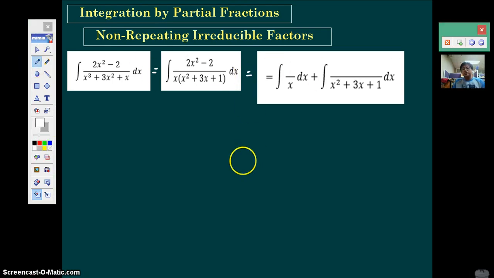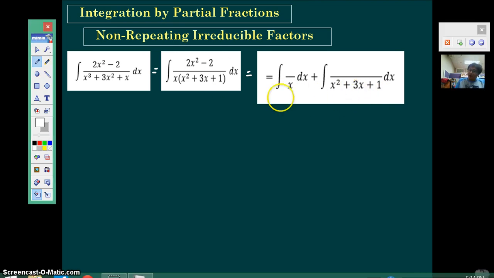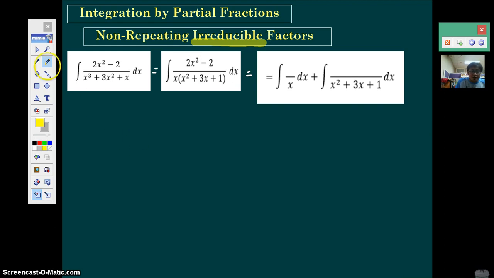Notice that your factors are x, linear in nature, and then x squared plus 2x plus 1, which is a quadratic of the second degree. Notice also that your quadratic can no longer be factored. That's why the term irreducible factors. So there you go.